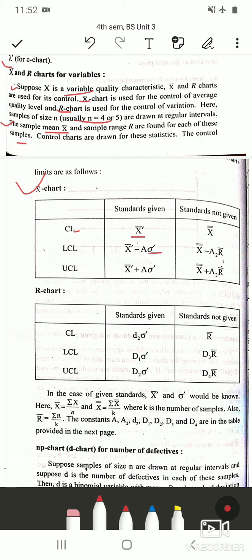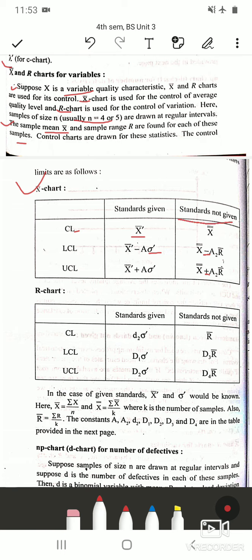When standards are not given, you have to calculate the values. So the control limits will be: X double bar for the central line, X double bar minus A2 into R bar (R dash) for the lower limit, and X double bar plus A2 into R bar for the upper limit. Whenever it is the lower control limit, there will be a minus sign, and for the upper control limit a plus sign.